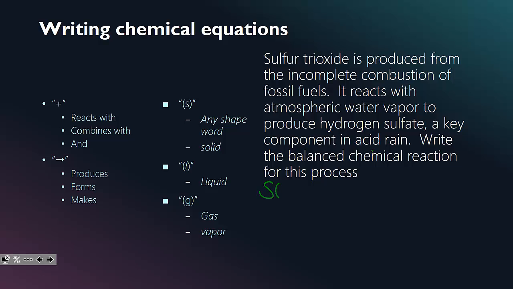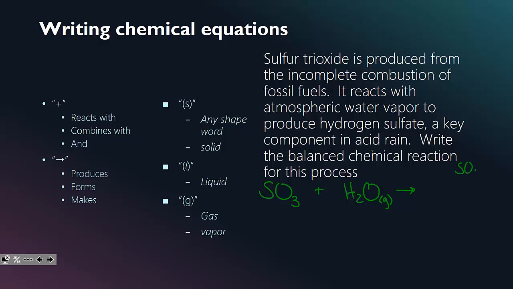Sulfur trioxide is a covalent compound. The prefix tri tells us that it's sulfur with 3 oxygens. It reacts with water vapor in the air. Water vapor is water that is a gas, to produce hydrogen sulfate.